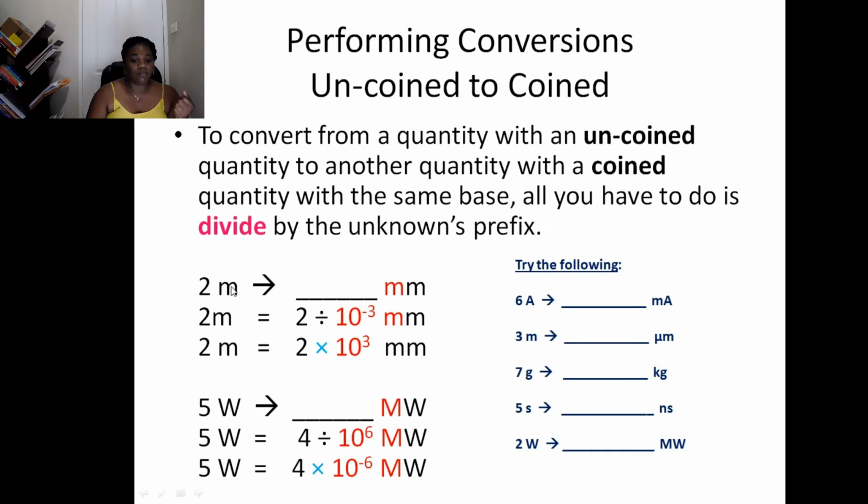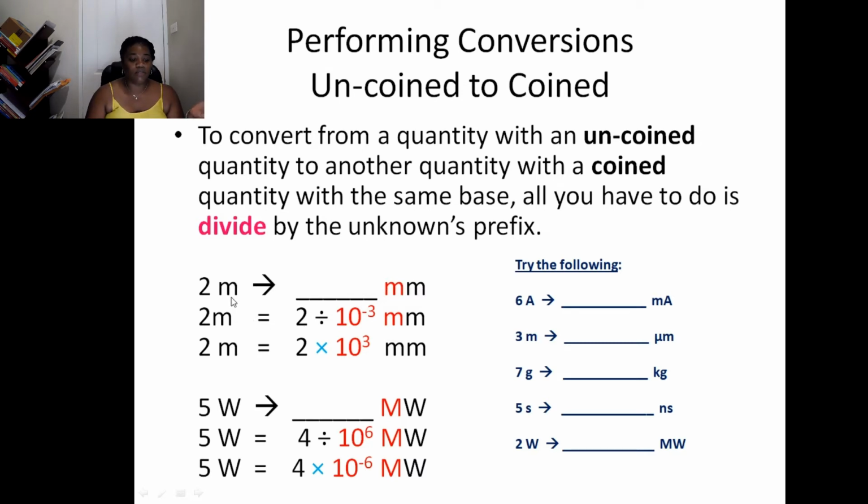If you're going from unprefixed to prefixed, that have the same base, but they just have a different prefix in front of the base, all you have to do is divide, and then once you divide, you do the multiplication and you change the sign. So if you had to divide, like for instance this one, you have milli, and a milli is 10 to the negative 3, right?